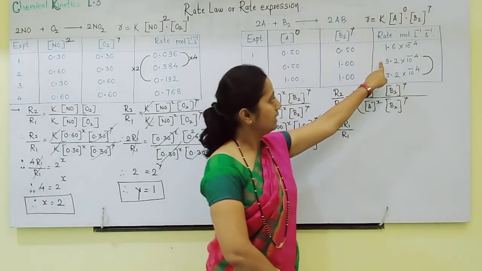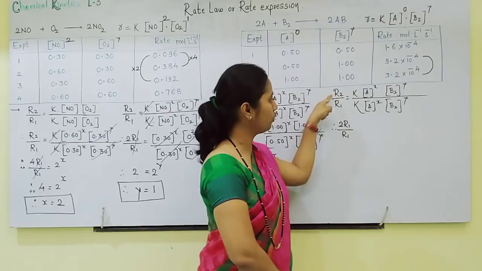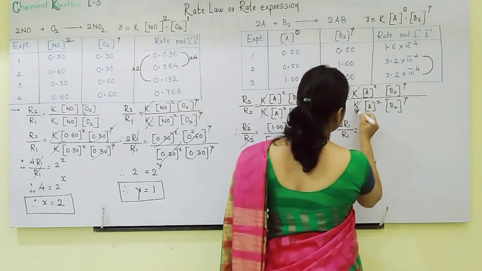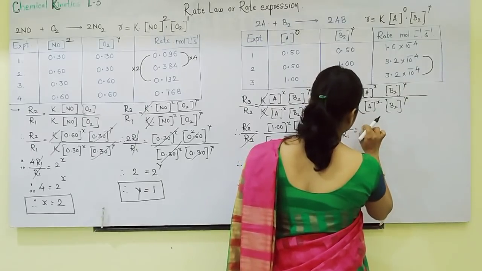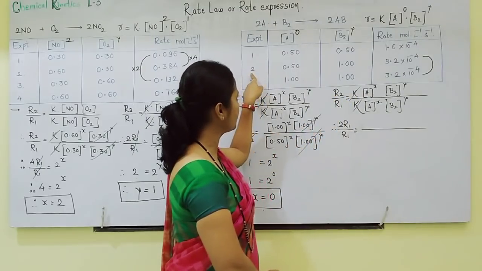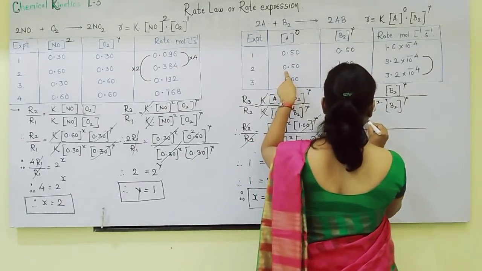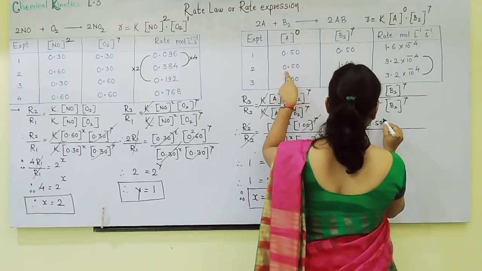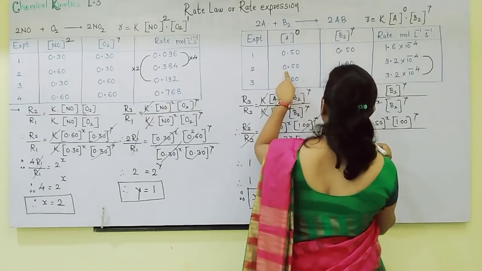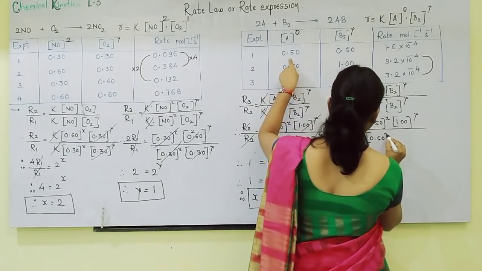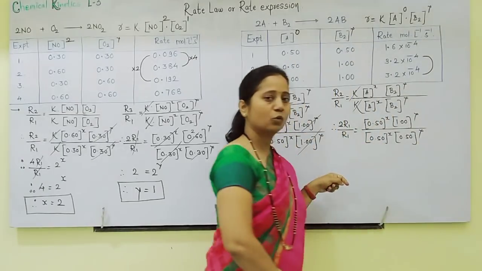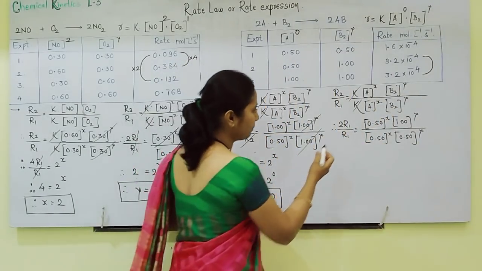Are you understanding? The second rate is double. So R2 is double of R1 is equal to, K got cancelled. See and write the values from the table for the second and first experiments.